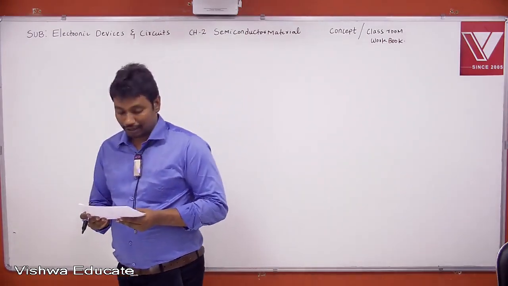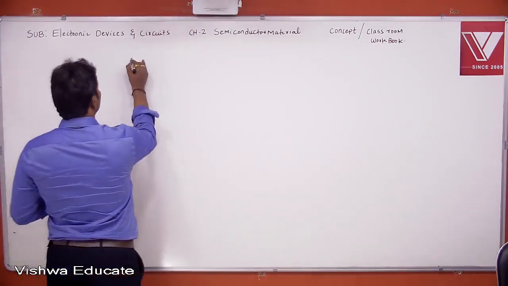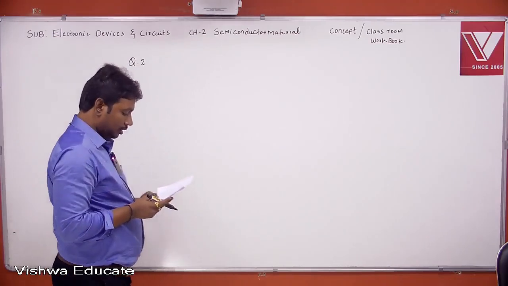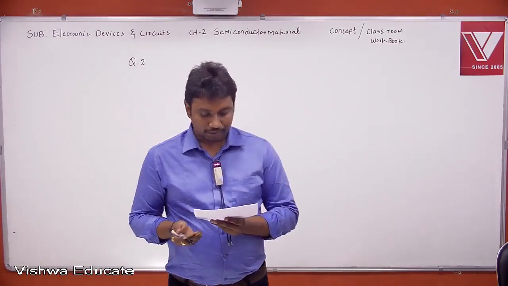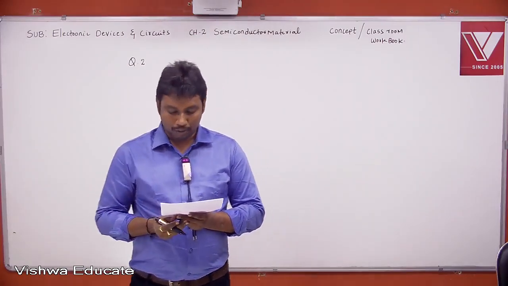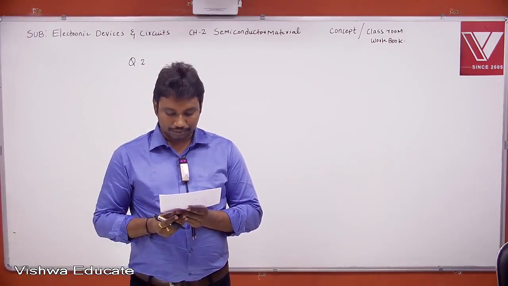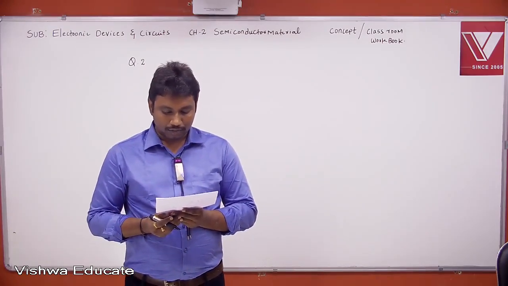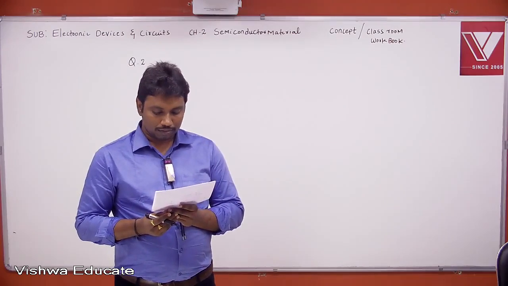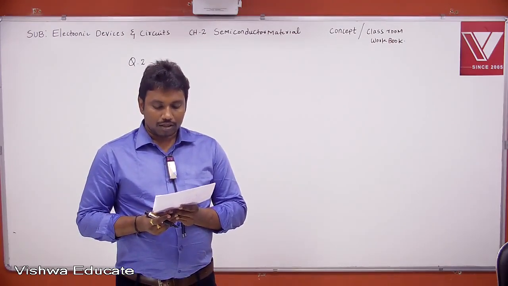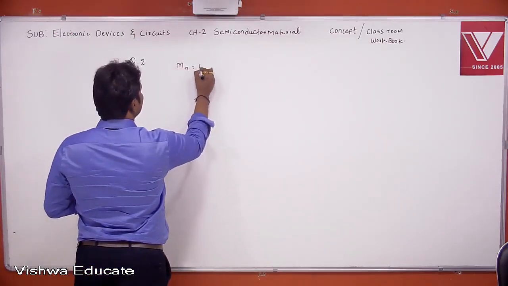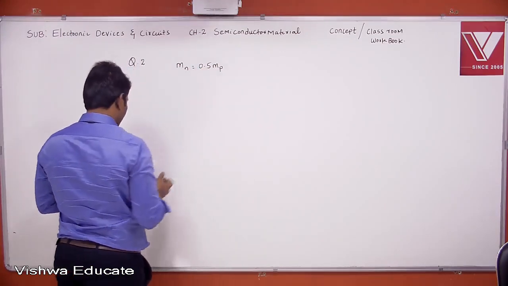Calculation of intrinsic Fermi level. That is problem question number 2 in our classroom workbook. First I do a question. A pure germanium sample has Mn equal to 0.5 Mp at room temperature.